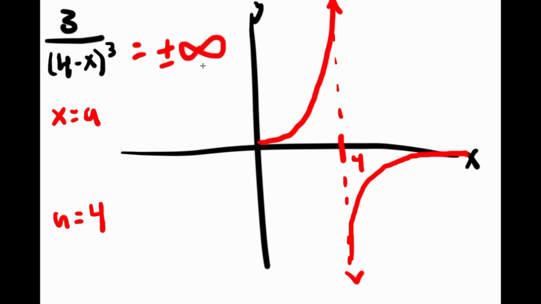If that's the case, then there's going to be an asymptote at x equals a, and a in this case being 4. And we can see that right here with our function.